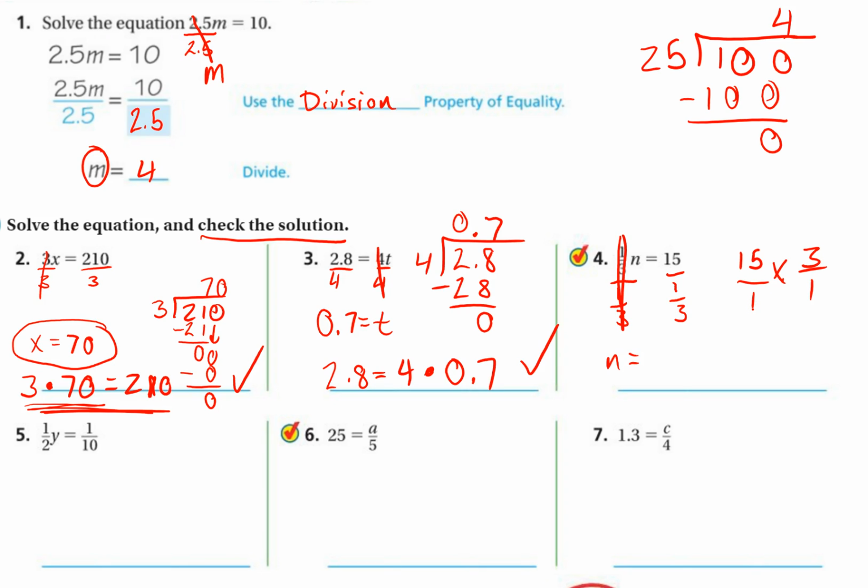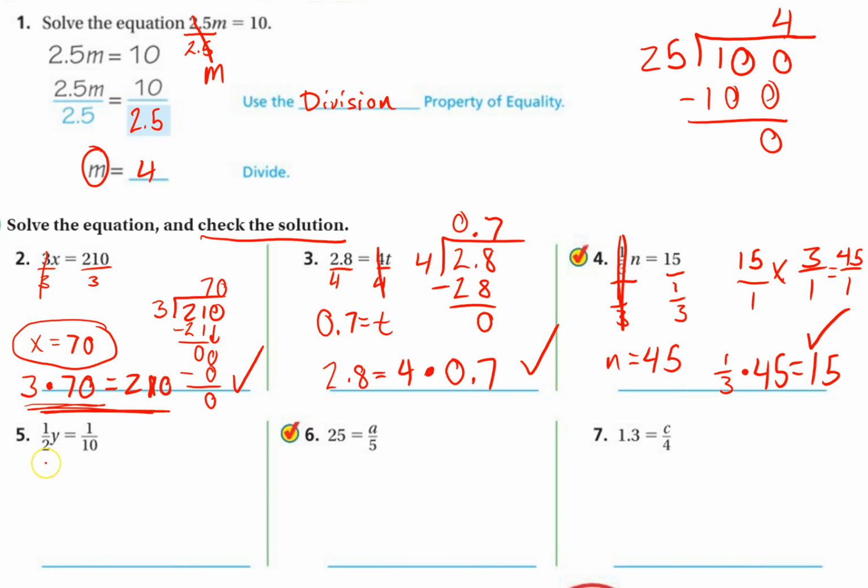Okay. Excuse me. So we end up with 45 over 1, and 45 over 1 is just 45, so n equals 45. Now we check it. 1/3 times 45, does that equal 15? Yes, it does. This problem checks out.